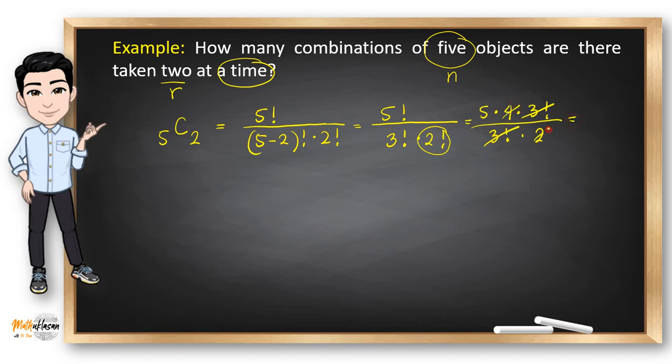So 4 divided by 2 is equal to 2, and 5 times 2 is equal to 10. For you to review the operations that I did here, you can check out my video about factorial notation.